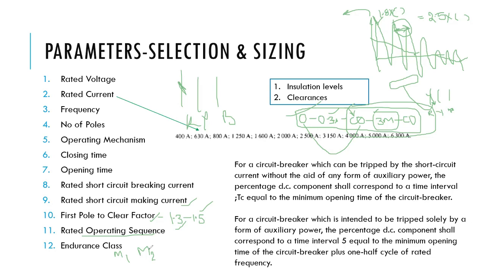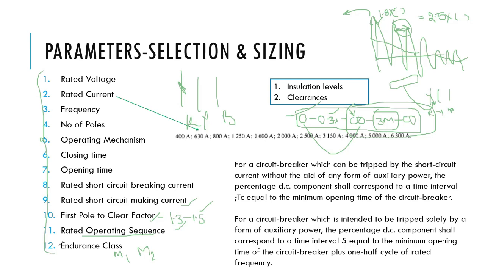Similarly, the electrical endurance classes E1, E2, are based on how much current it is capable of breaking, the short circuit withstand capacity. So these are the main parameters we generally specify. Suppose for a project, I will say I require a 33 kV, 800 amps vacuum circuit breaker, 50 Hz.